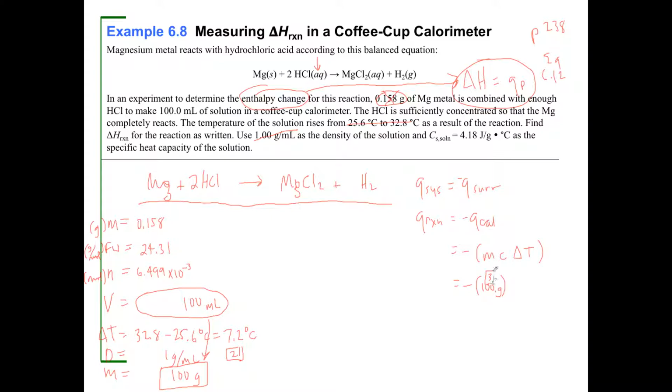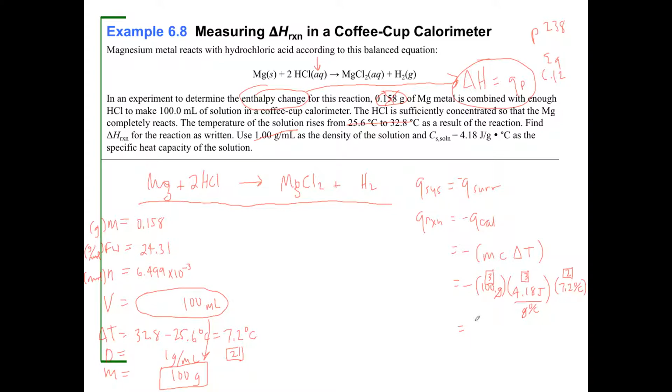Times C, which is 4.18 joules per gram degree centigrade, 3 sig figs, and delta T is 7.2, two sig figs. Can you see that these grams cross off, and these degrees Celsius cross off?